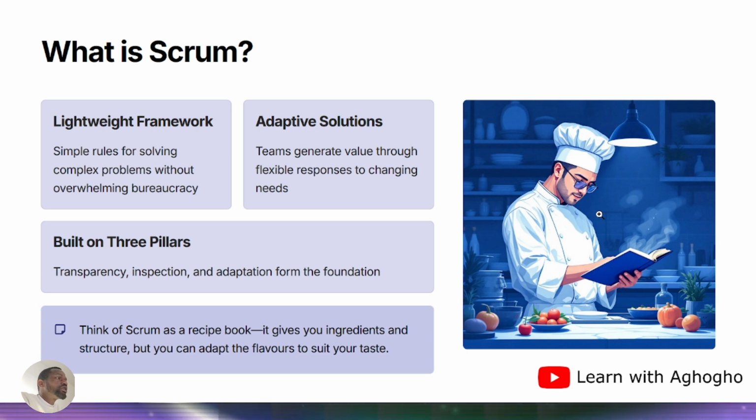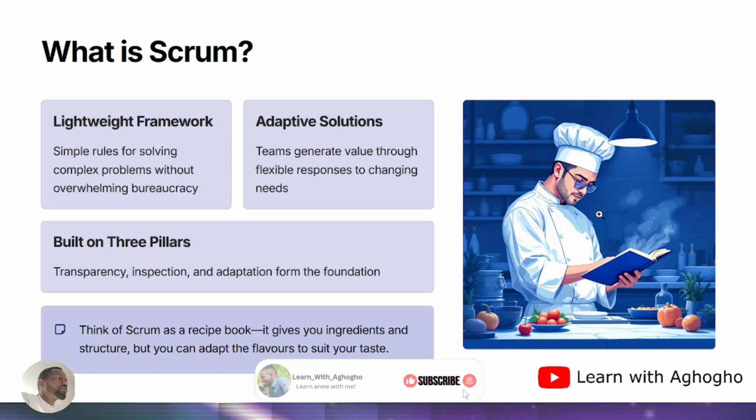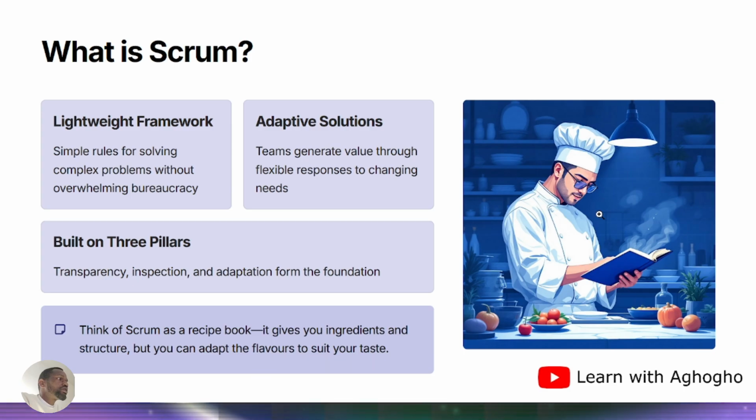When projects were developed, they tended to be very cumbersome, very complex to look into. So two persons came together when they were on vacation. They had a meeting and they came up with the Scrum way of doing things. That is the reason why it is now called the lightweight framework.